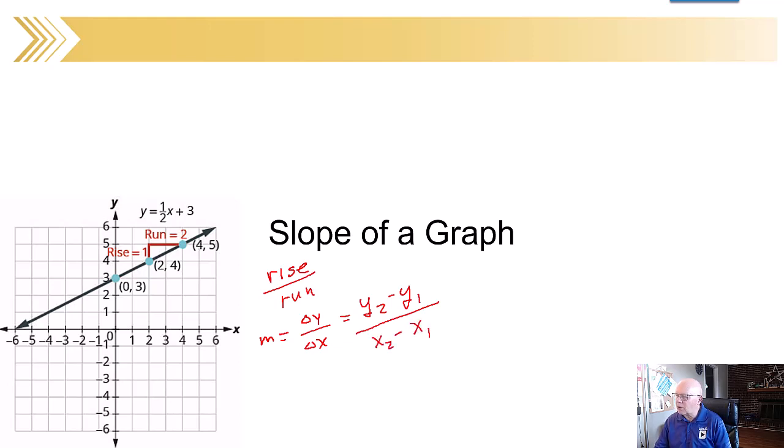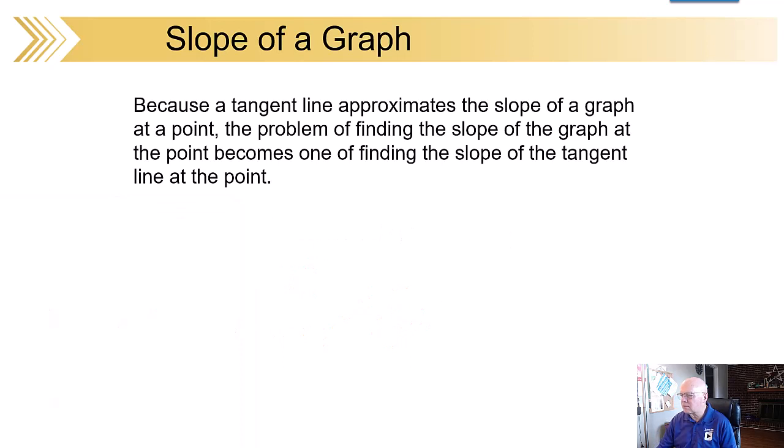If you've got 2 points, as we do here with (4, 5) and (2, 4), and we can use (0, 3) if we want to, use any 2 of those at one time. Since this is a line, that slope is going to be the same regardless of which points we choose, any combination at all.